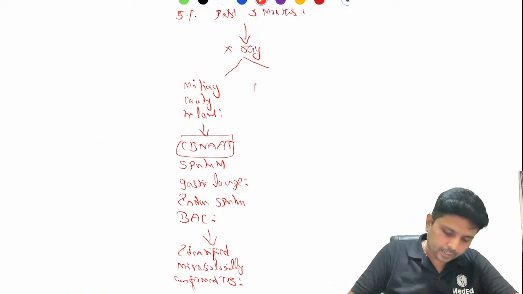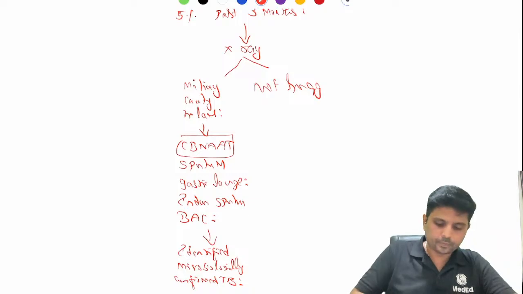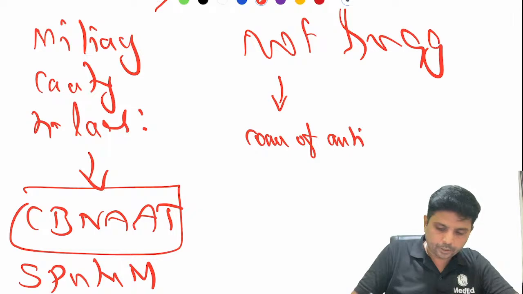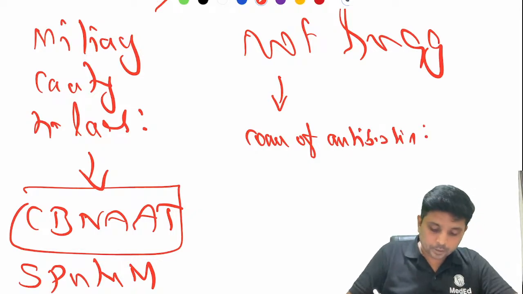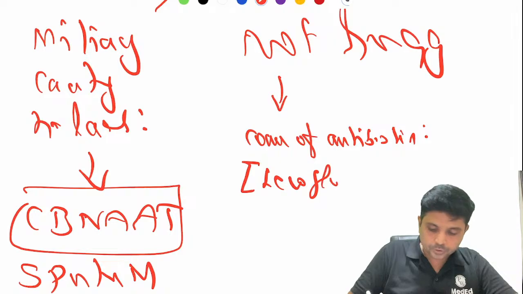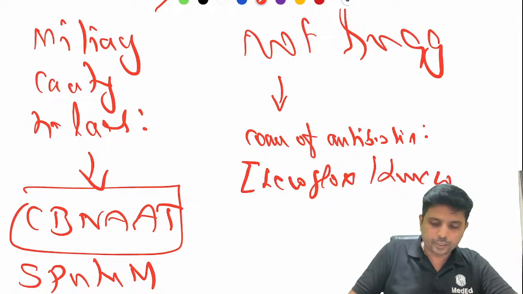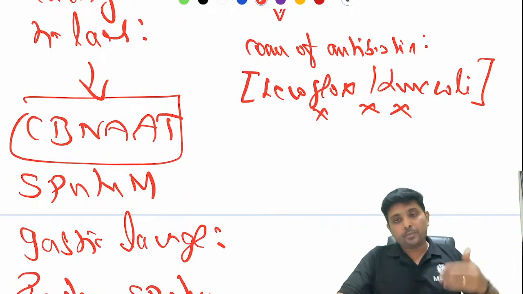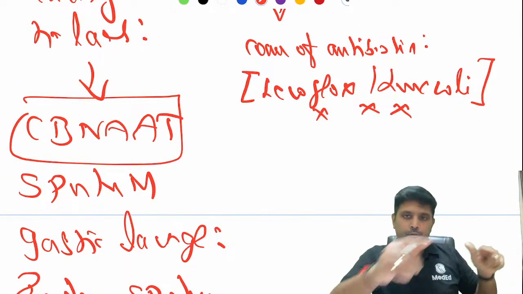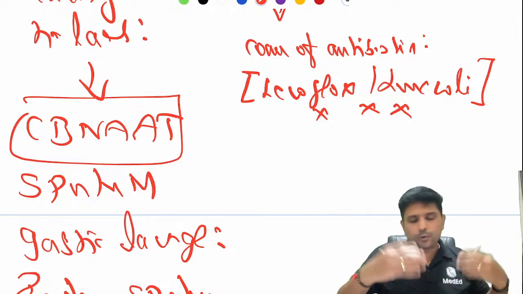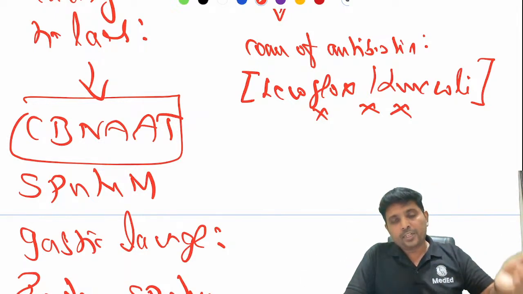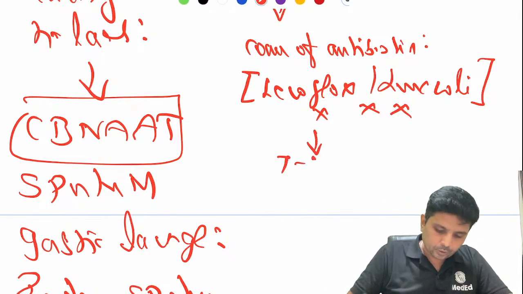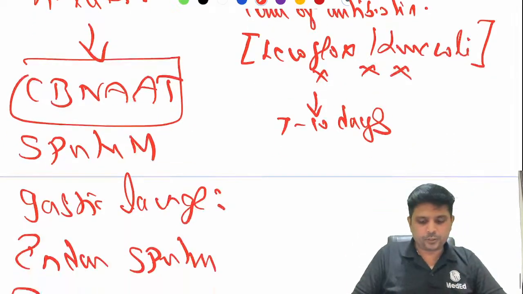If X-ray is not suggestive, you need to give a course of antibiotics, but levofloxacin and linezolid should be avoided in that regimen, because these come under anti-TB. When you give these drugs for pneumonia without knowing that it is TB, you can't retrieve the sample which can show positivity for Mycobacterium tuberculosis. Give antibiotic for 7 to 10 days.